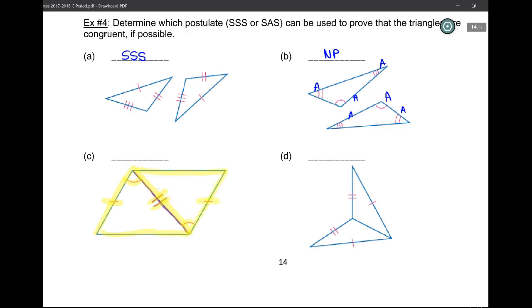Yes, we have side, angle, side. So that's our reason that those two triangles are going to be congruent. And then for part D, okay, we have two pairs of sides, and then they share that third side, so we actually have side, side, side congruence.